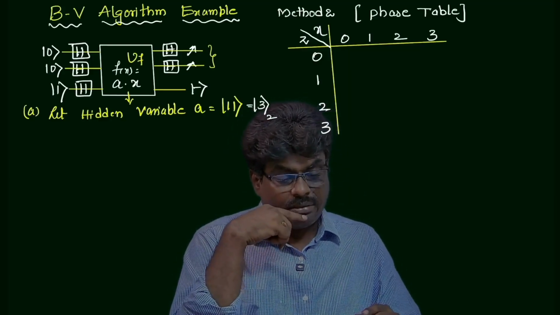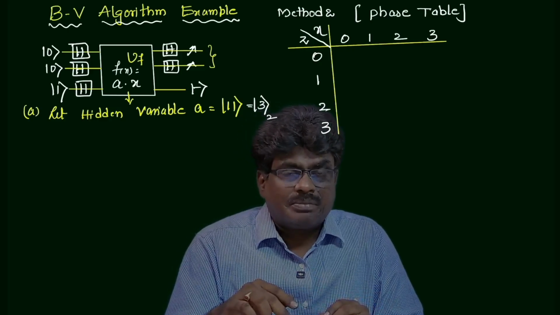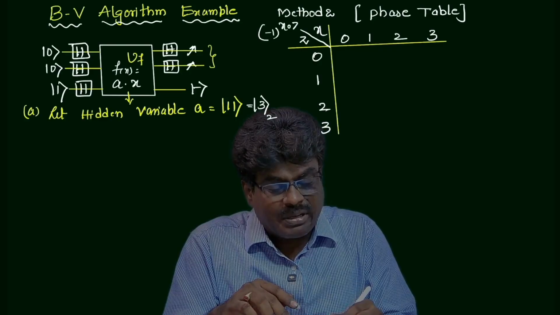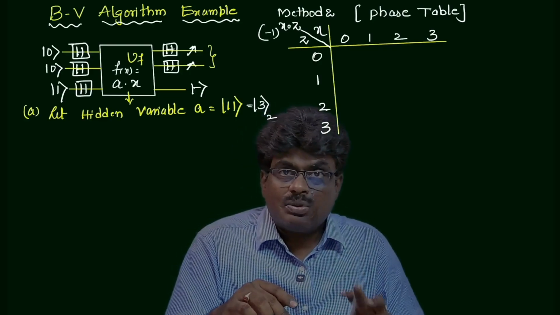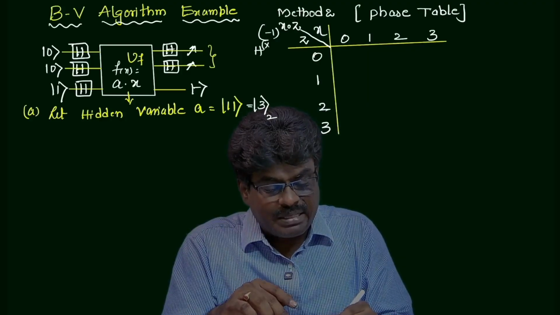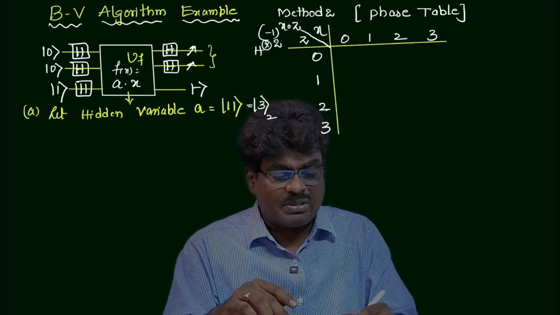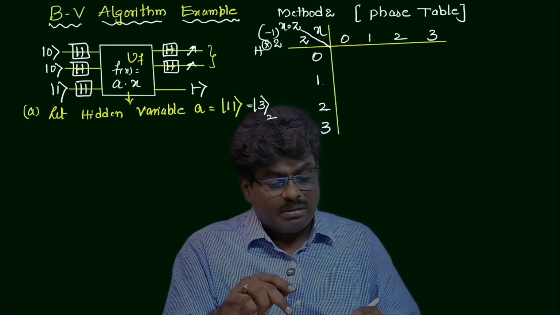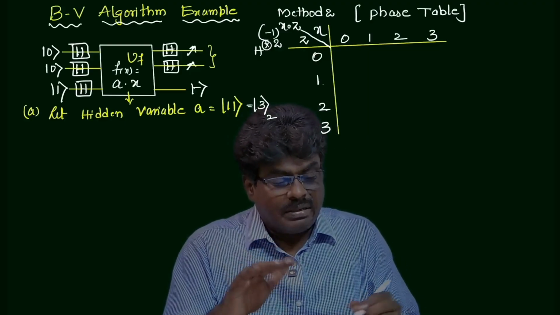So what is this phase table? Actually, this is minus 1 whole power x dot z, and this table is useful in two ways. This is also nothing but H tensor 2 operating on 0, 1, 2, 3, like this, 2 qubit states. Okay, so fine. Let me fill this table.